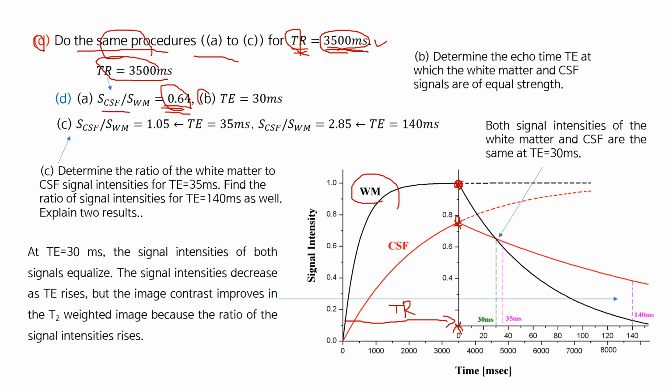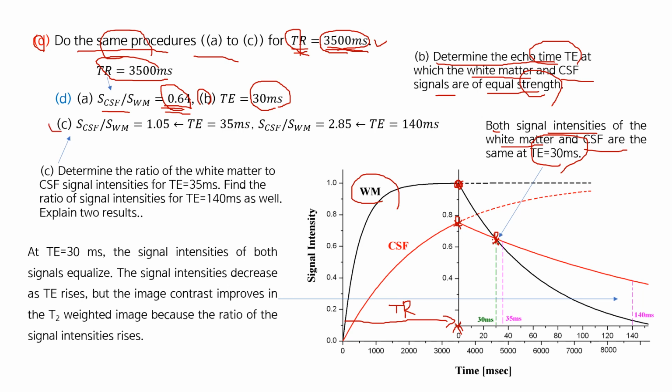And question B was to determine the echo time T at which white matter and the CSF signals are of equal strength. In this case, you can obtain 30 milliseconds. So both signal intensities of white matter and CSF are the same at T equals 30 milliseconds.